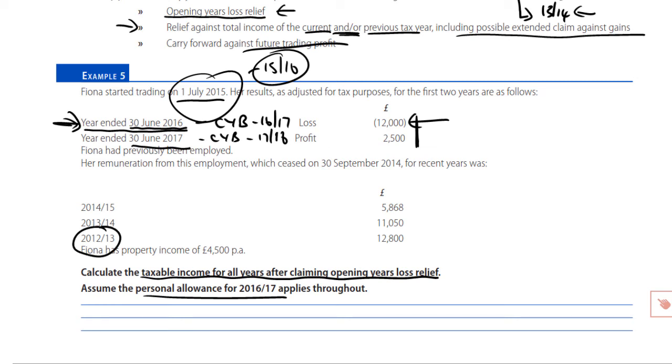So we've got a huge range of tax years here to deal with in relation to calculating the taxable income for all years after claiming opening year's relief. The opening year's relief, as we know, will go back to 12-13, and our assessments here will take us as far as the 17-18 tax year.